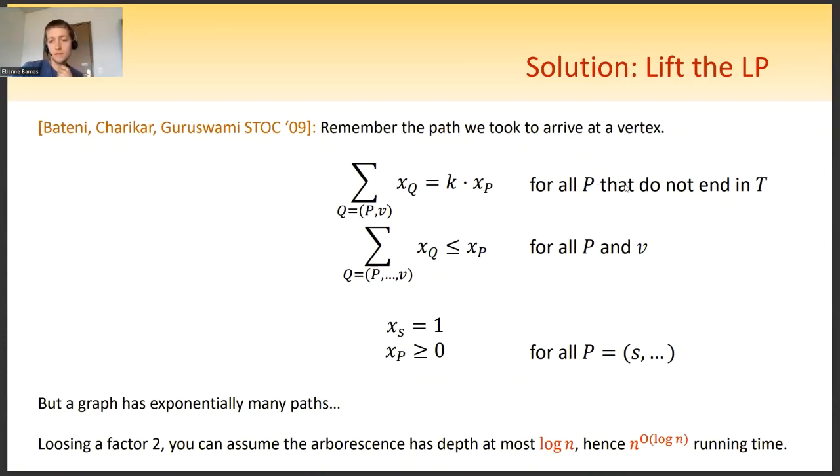So basically, you can just write this relaxation only for paths of length at most log n. So now suddenly your relaxation has only quasi-polynomially many constraints and quasi-polynomially many variables. And that's the relaxation that the previous works used.